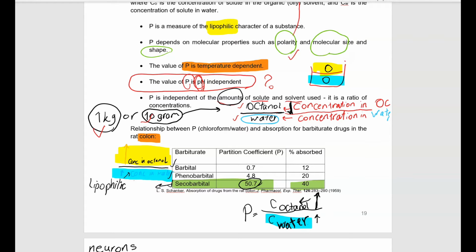So concentration is important, not the amount. If this medication can be dissolved into an organic solvent, it means it can pass through the colon's cell membranes, so many of them can be absorbed through the colon.